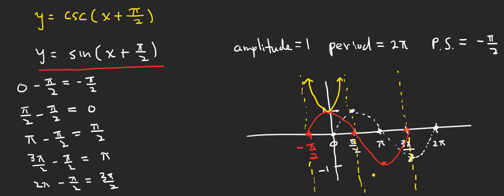And at minimum, it's going to go downward. So these two curves represent one cycle of y equals cosecant of quantity x plus pi over 2. That's how you sketch this without the graphing calculator.